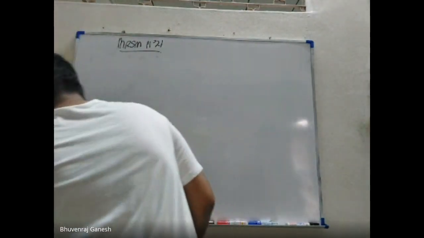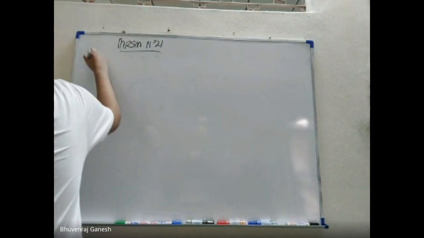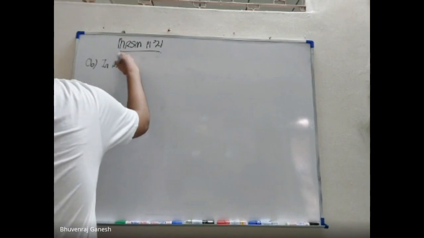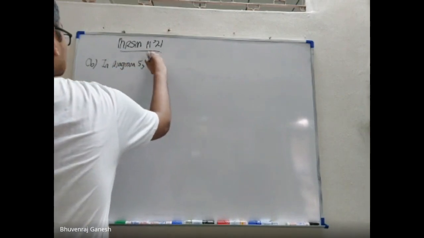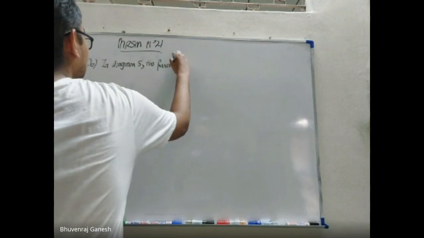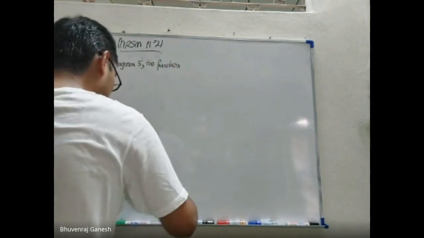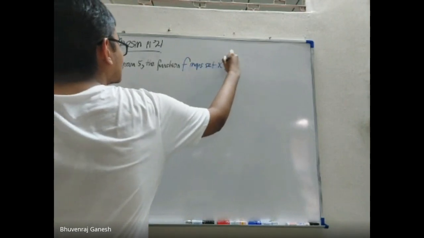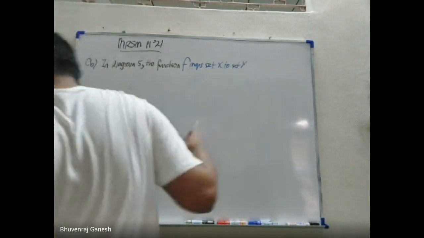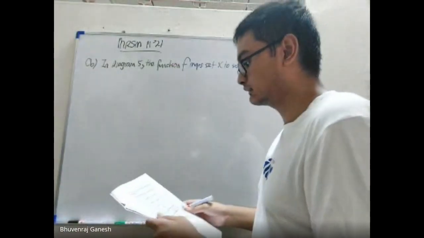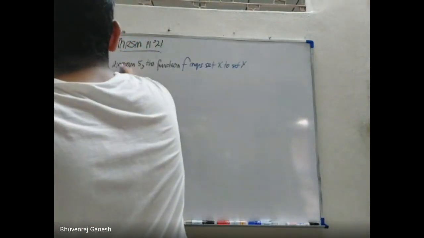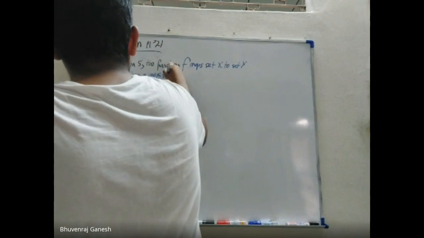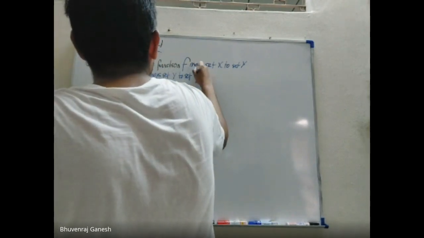Okay, so the second one, part B. They told you that the function f maps set x to set y, and function g maps set y to set z.